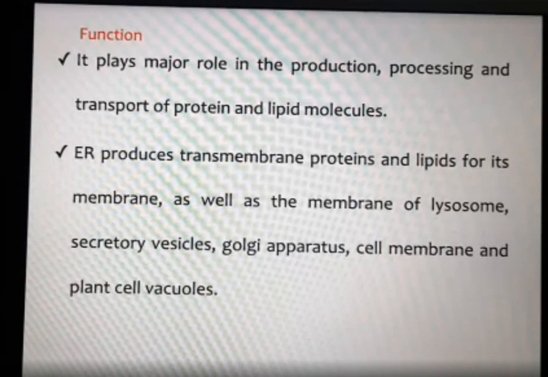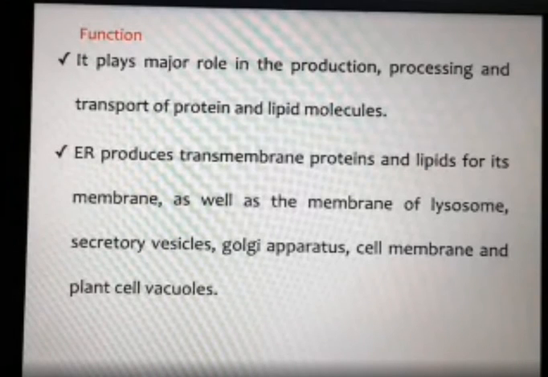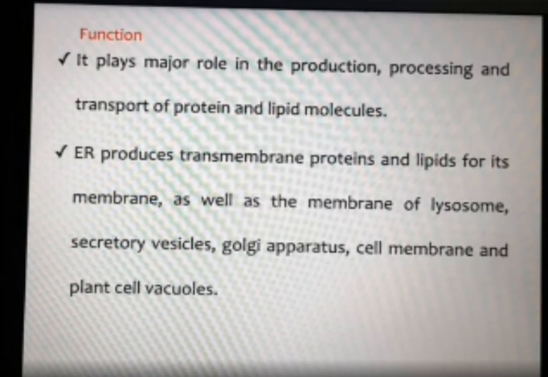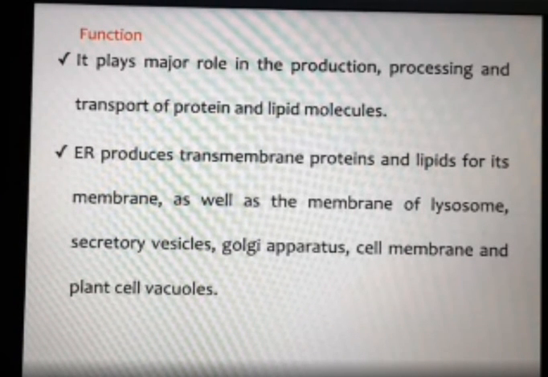The function of these structures is that they play an important role in the production, processing, and transportation of protein and lipid molecules. Endoplasmic reticulum produces the transmembrane proteins and lipids for its own membrane, as well as the membranes of the lysosome, secretory vesicles, Golgi apparatus, cell membrane, and the plant vacuole.